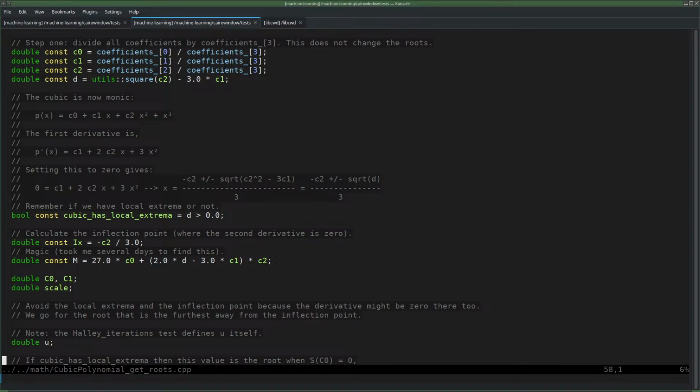I wonder if we can detect that in advance. Plus, we're talking here about one of the roots being much less than the other roots.